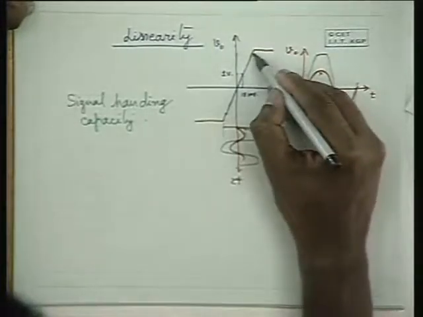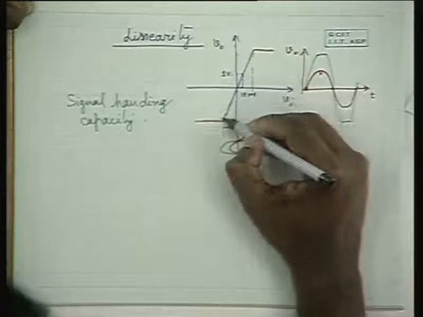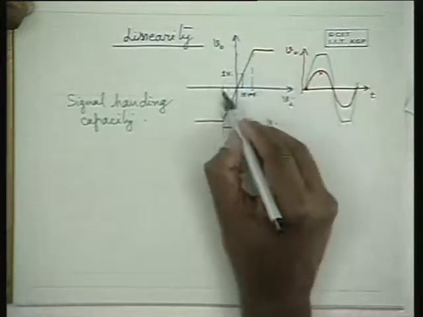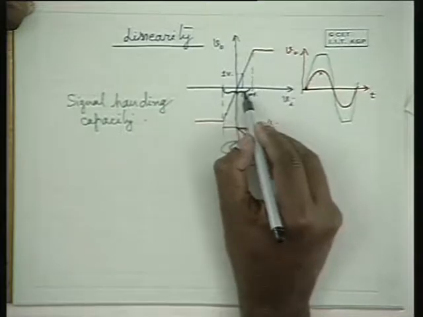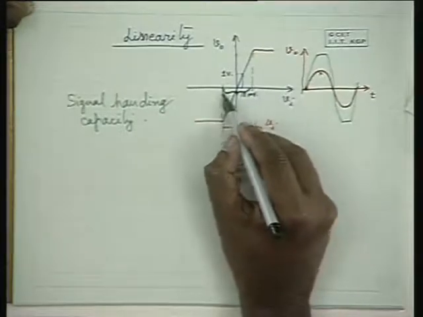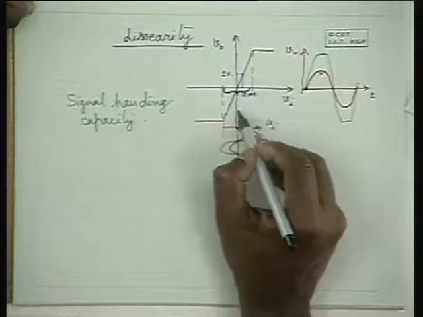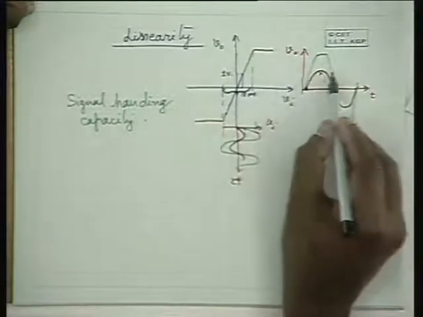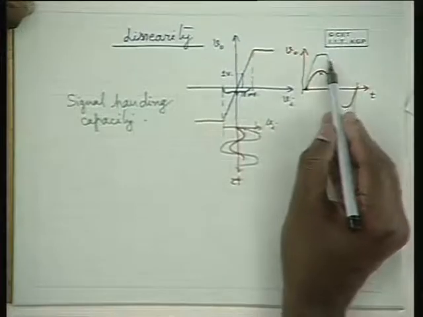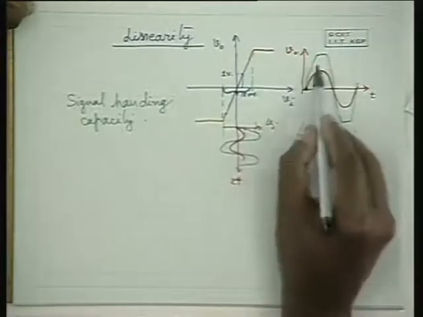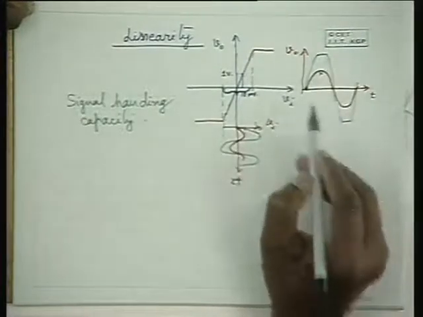In this particular application, this is the amplitude range at the input side over which a signal can be applied. So when you apply a signal within this range, output would be a replica of the input. If you go beyond that, output no longer resembles the input, and output is a distorted version of the input.